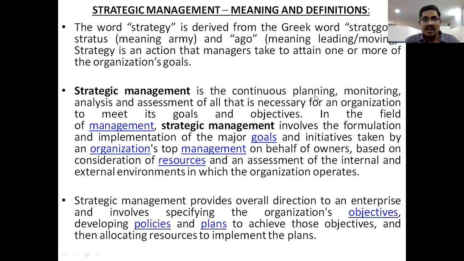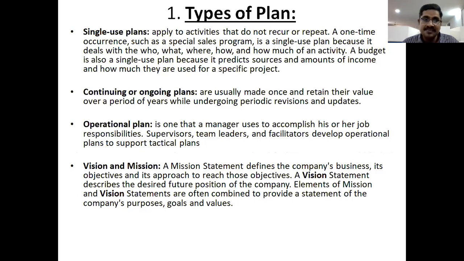It is continuous planning and monitoring, analysis, assessment, and policies, plans, objective plans, directions and resource allocation and their management, and formulation and implementation. All these come under strategic management for achieving the targets and goals of the companies. This is all about the meaning of strategic management.